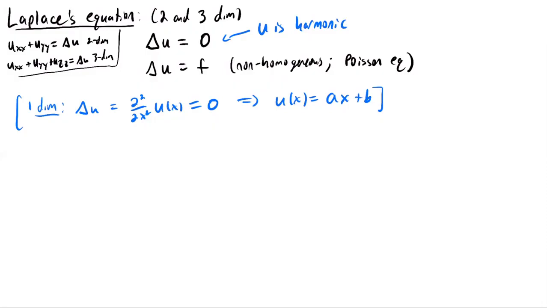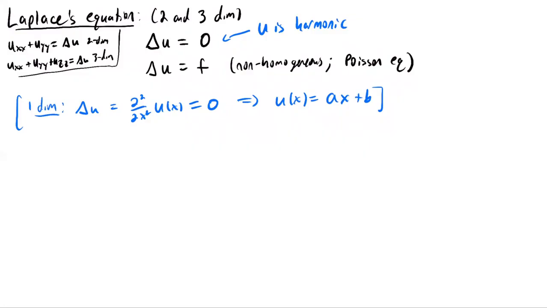And so we'll be looking at both the homogeneous version of this equation where the Laplacian of u is equal to 0, and the non-homogeneous version of the equation where the Laplacian of u is equal to some given function f. And so in the non-homogeneous case, this is often called the Poisson equation, or you can refer to it as non-homogeneous Laplace's equation.